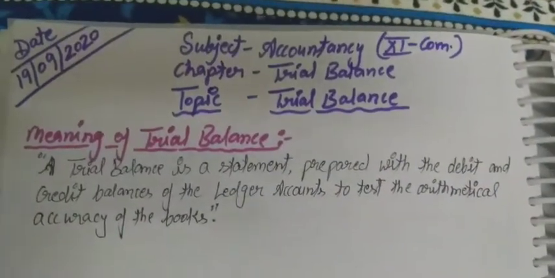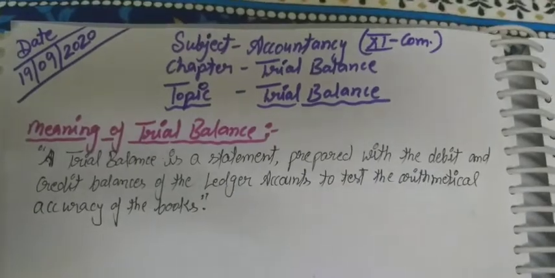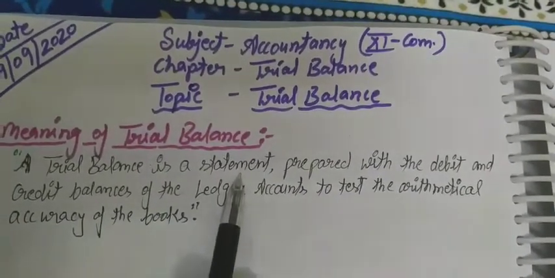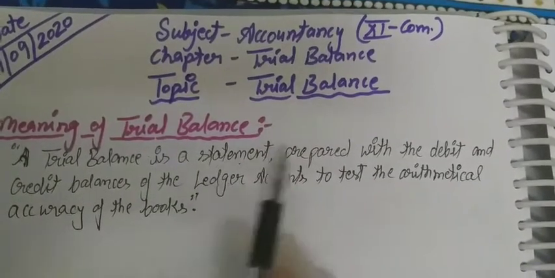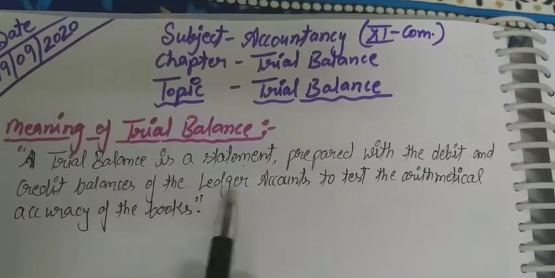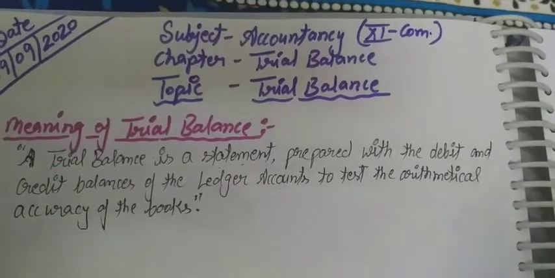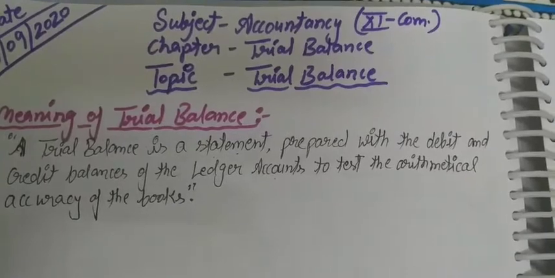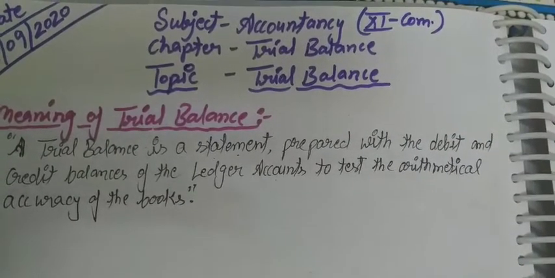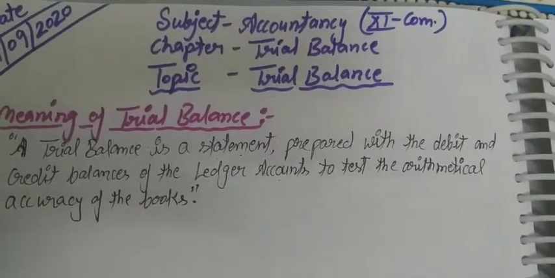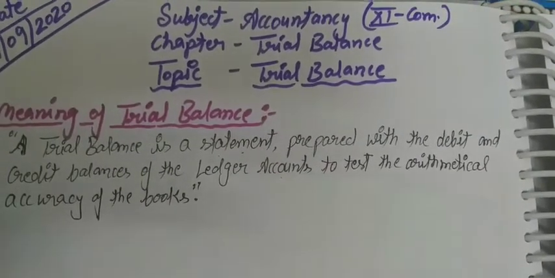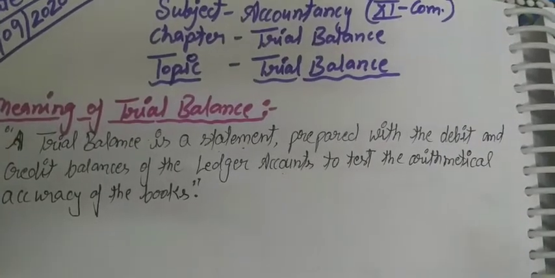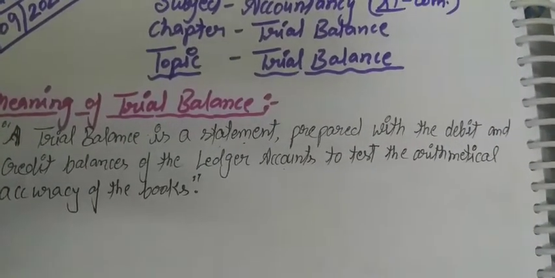So this is the definition of the trial balance. A trial balance is a statement prepared with the debit and credit balances of the ledger accounts. Whatever accounts we prepare from the journal entries, and whatever transactions are posted into the ledger from the journal, there will be a remaining balance on the debit side or the credit side.